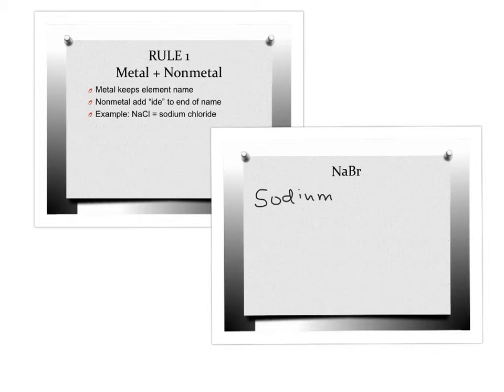And Br is bromine. Remember that we're going to only keep the root, which is brom, and we're going to add in IDE. So that becomes sodium bromide. Note that the metal goes before the non-metal.